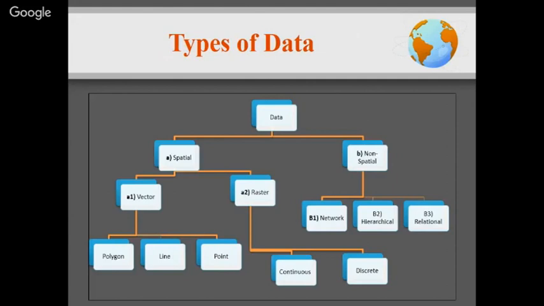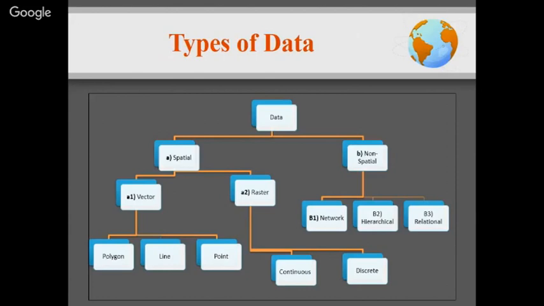While representing the real world on a map, it is an abstraction of the real world, and the abstraction calls for selection of appropriate symbols for the things to be shown on the map. And normally there are three kinds of symbols: point, line, and polygon. When you are trying to represent the real world on a map with these three kinds of spatial entities, you are using the vector data model.